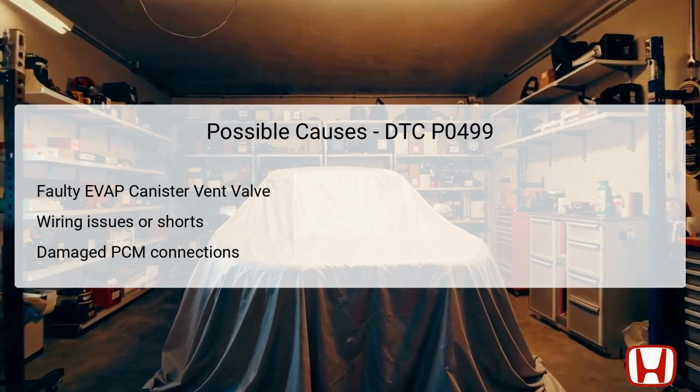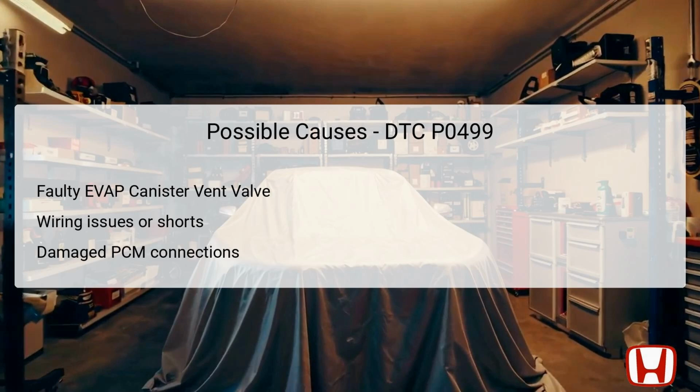First, the EVAP canister vent shut valve itself may be faulty. A physical inspection will help determine if it is stuck closed or damaged. Secondly, wiring problems, such as frayed wires or poor connections between the valve and the PCM, can cause misleading signals, resulting in high voltage readings.